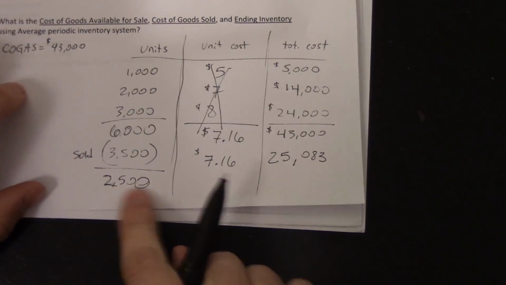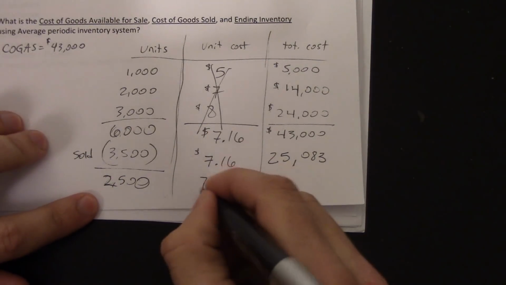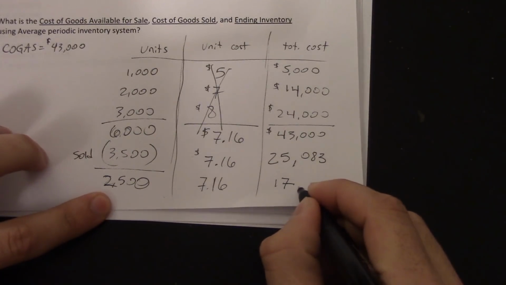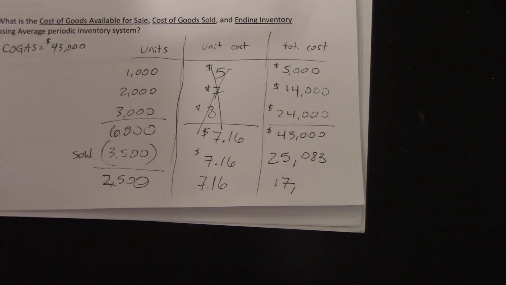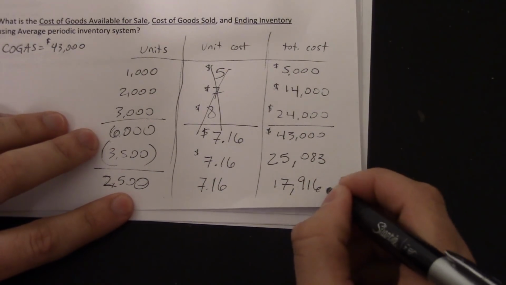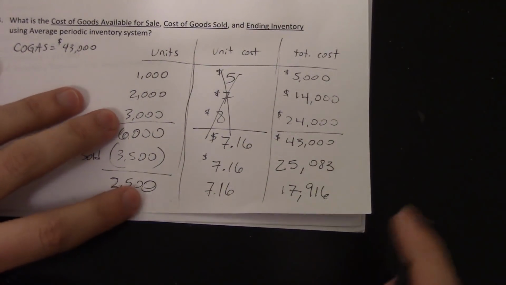We have remaining 2,500 units at $7.16. So we'll multiply that through and get 17,916 with some rounding error.